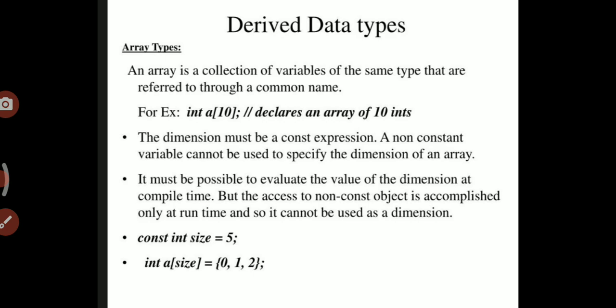A non-constant variable cannot be used to specify the dimension of an array. It must be possible to evaluate the value of the dimension at compile time, but access to non-const objects is accomplished only at runtime, and so it cannot be used as a dimension.